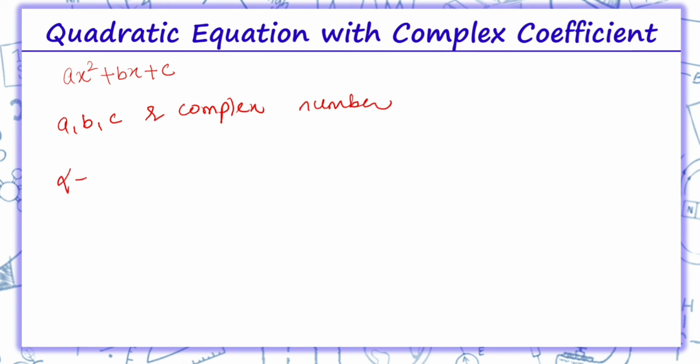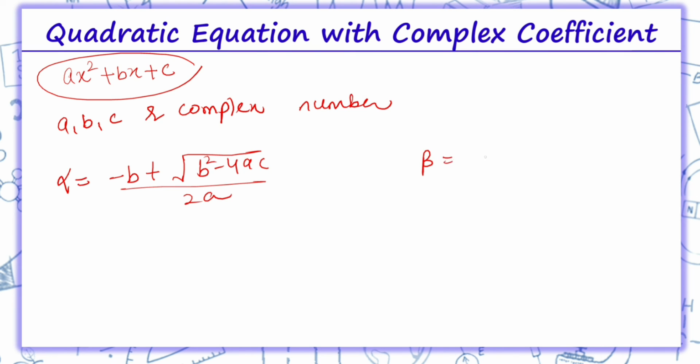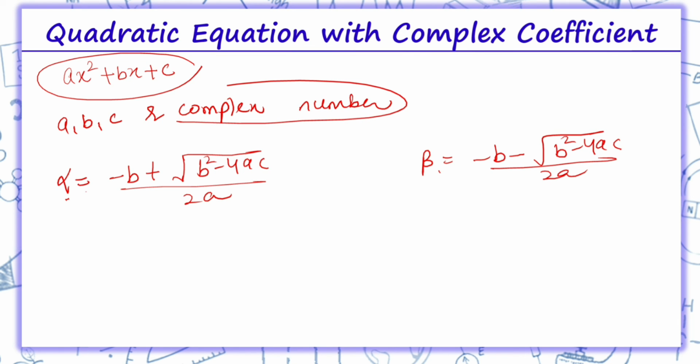Again as we have seen, because it is a quadratic equation, we will have only two roots, alpha and beta. So the two roots will be alpha equals -b plus root of b square minus 4ac upon 2a, and beta equals -b minus root of b square minus 4ac upon 2a. Over here it is not necessary that these two roots are conjugate to each other, because a, b, c are not real numbers, they are complex numbers.